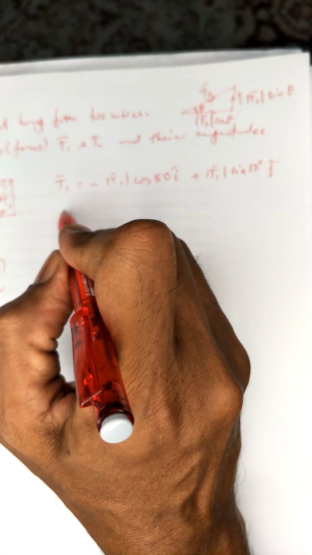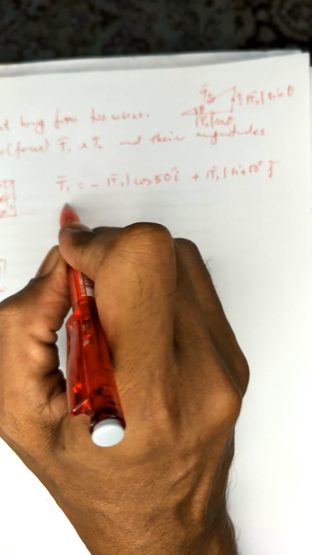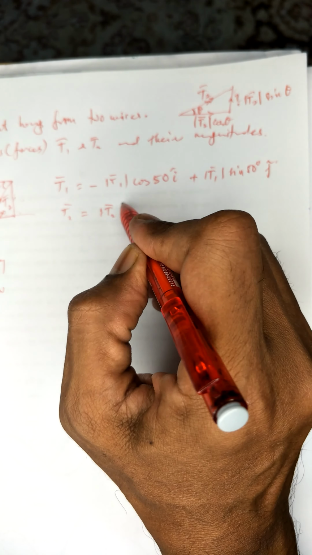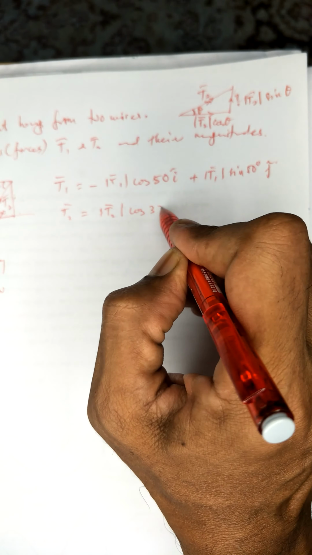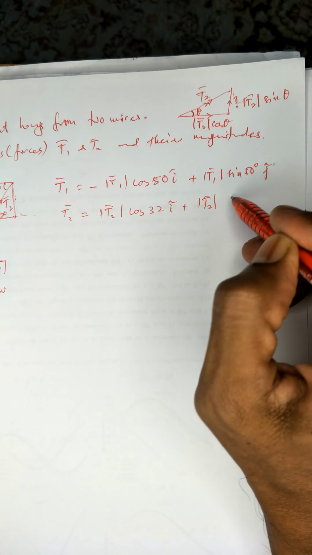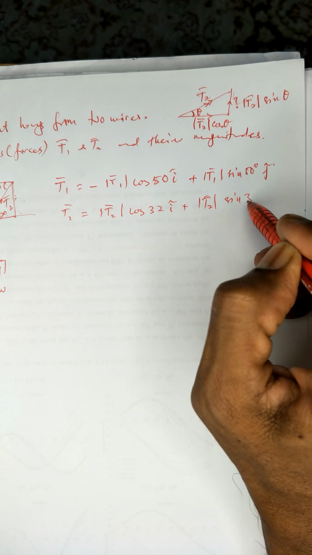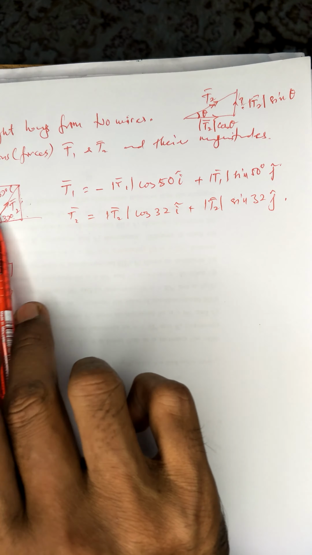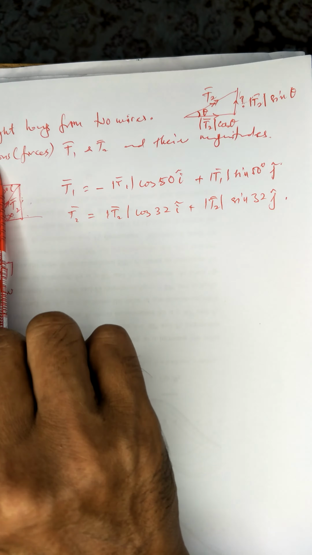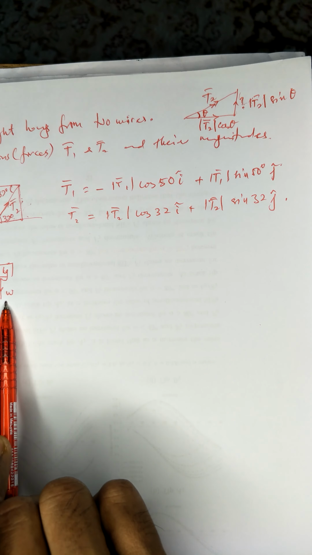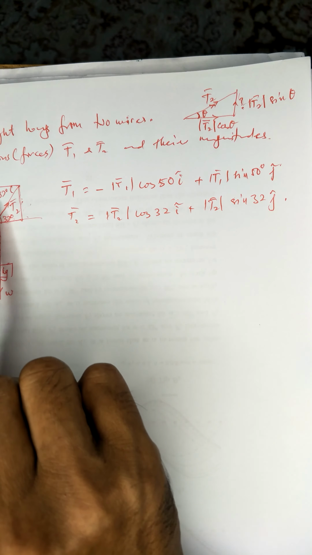Okay, so you can do for T2: this is T2 cos 32 I plus magnitude of T2 sine 32 J. And T1, T2, you add up this T1, T2, you have that direction, but opposite of those, we have negative of that vector.